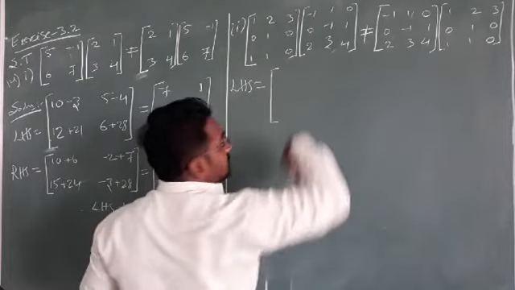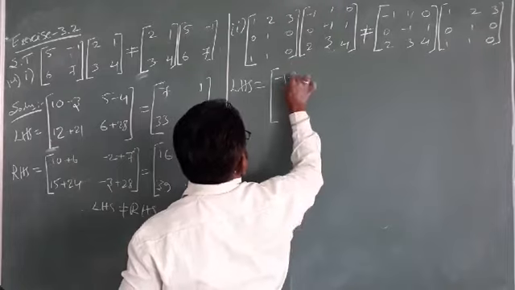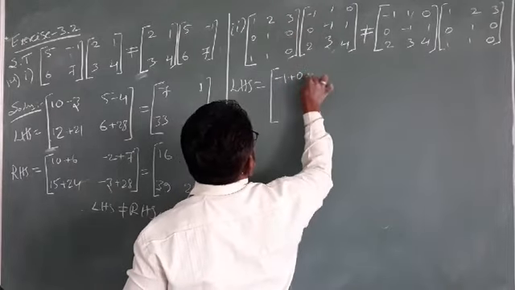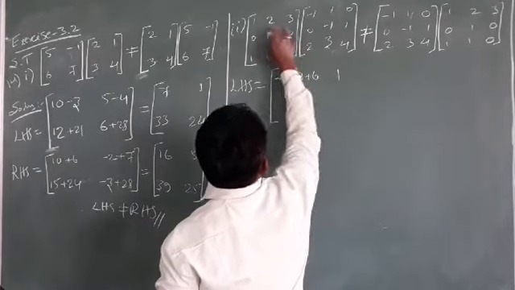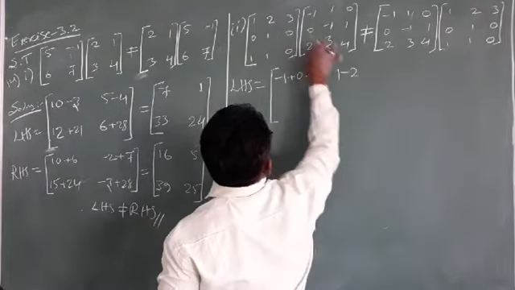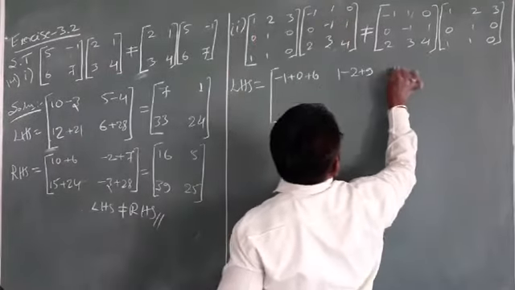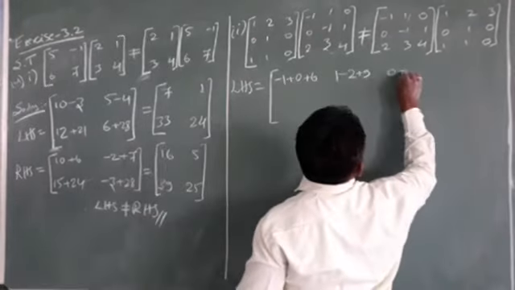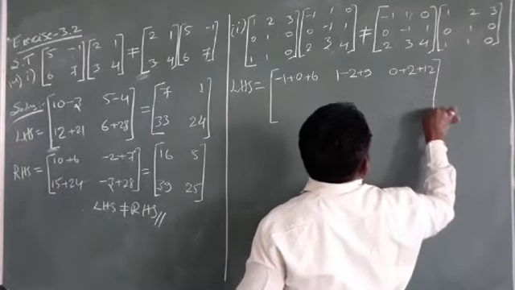Okay, first row with the first column. 1 into minus 1, minus 1. 2 into 0, 0. 3 into 2, that is 6. 1 into 1, 1. 2 into minus 1, minus 2. 3 into 3, plus 9. 1 into 0, 0. 2 into 1, plus 2. 3 into 4, that is 12.